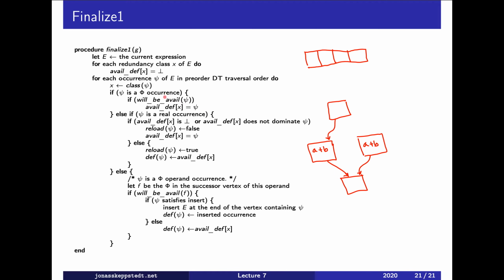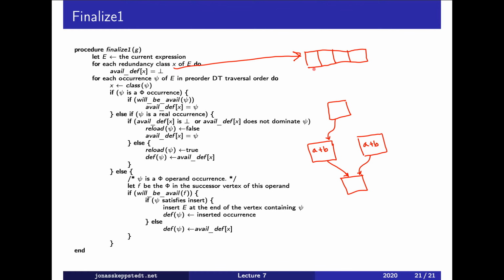We have an expression, and we have the different versions of h for this expression, and we call these different redundancy classes of the expression. Say there are 4 different versions of h, then we create an array which is called availdef. What this will contain is a pointer to an occurrence which defines that version of h.